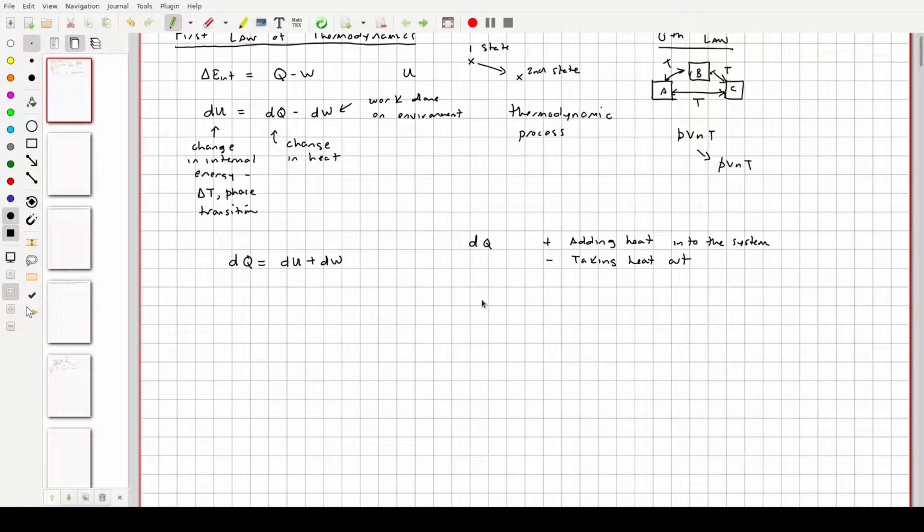Now, likewise, dW can be positive or it can be negative. Now, to be clear, dU can be positive or negative as well. But we know that that's going to correspond to changes in internal energy. dW, though, if it's positive, your system does work to the environment.